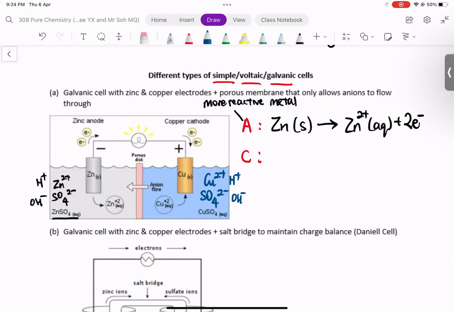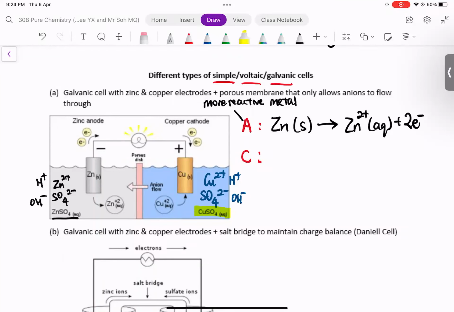At the cathode, you might think, is it going to be copper that's reacting? Or is it going to be H+? Am I going to see bubbles of hydrogen gas? How do you know? The only way to tell is really to look at the electrolyte. The electrolyte at the copper side is literally copper 2 sulfate. This means that in addition to H+ in the water, you also have Cu2+.